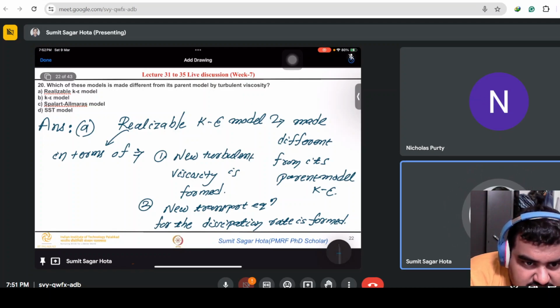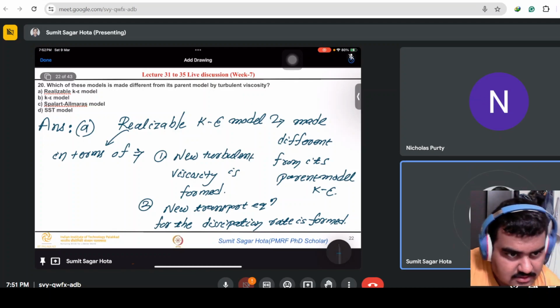A new turbulent viscosity is formed, and a new transport equation for the dissipation rate is formed.